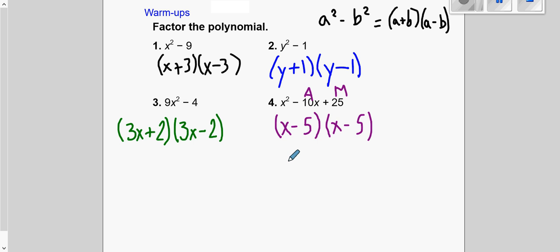So this is actually a perfect square trinomial. Like when we learned how to complete the square, and we would get things that factored into a binomial squared, it's kind of like that. So x minus 5 times x minus 5, we write it as x minus 5 squared.